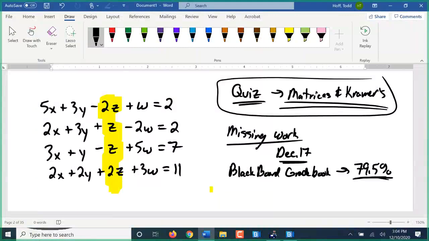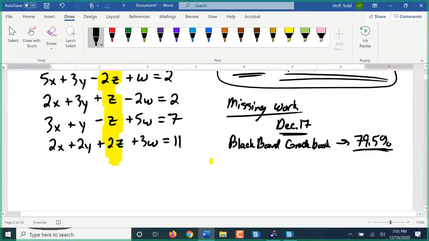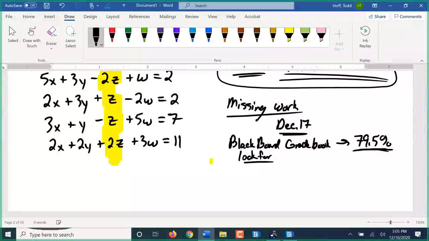If you are below that, you need to go back, check first and see if you're missing any assignments, any grades. So look for, one, any missing quizzes or tests.